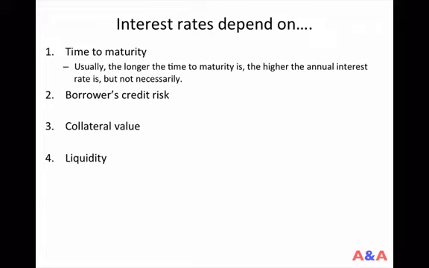As we saw in our class about yield curve, usually the longer the time to maturity is, the higher the annual interest rate is, but not necessarily. Okay? The point is, if the time to maturity differs, then the interest rate can differ. Of course, borrower's credit risk matters.